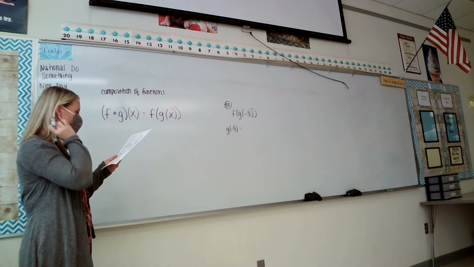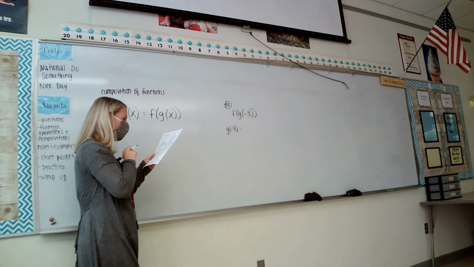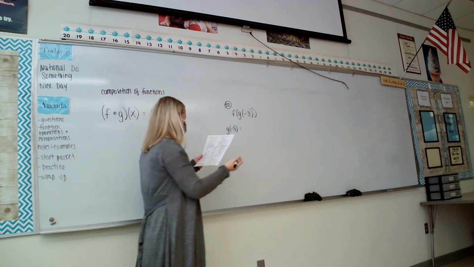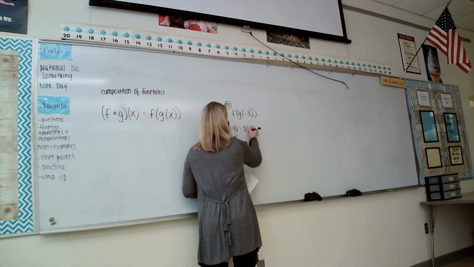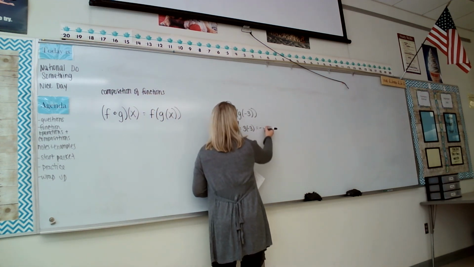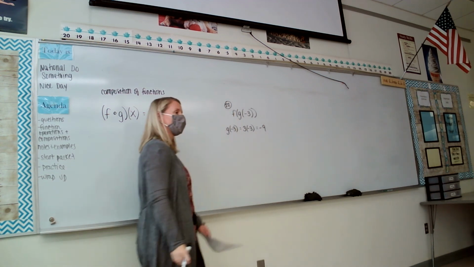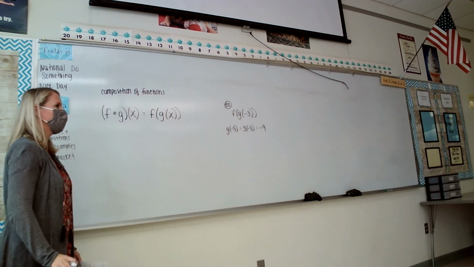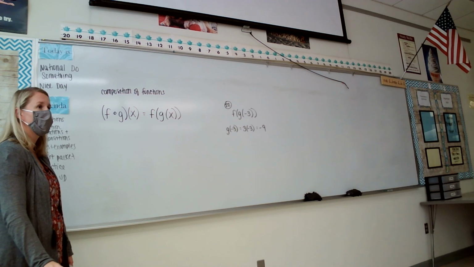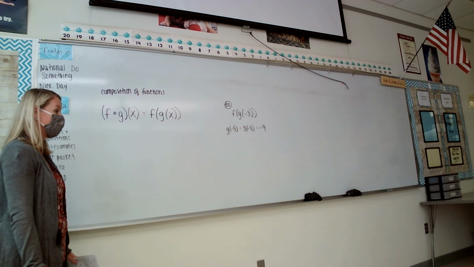For the g function, I plug in -3, using the directions right above it. That would be 3 times -3, which comes out to -9. That wasn't terrible.